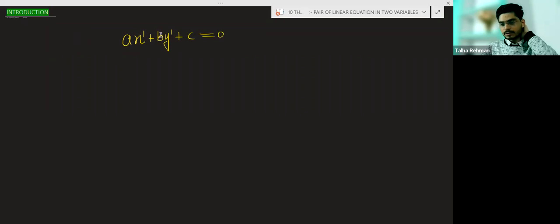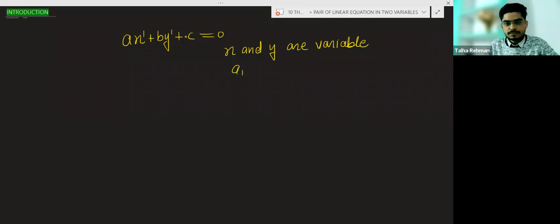Linear means power 1. x and y are the variables here, each having power 1. These a, b, c are real numbers.